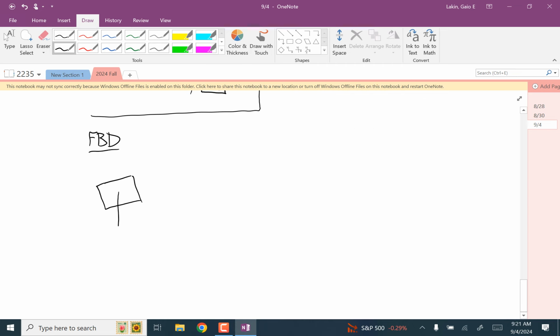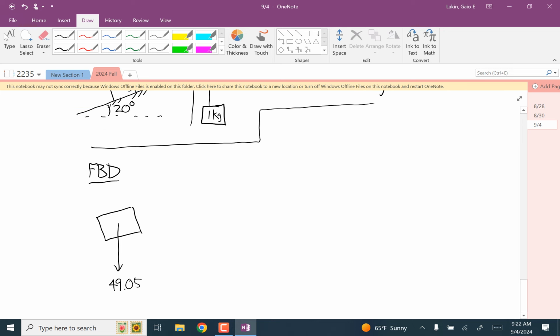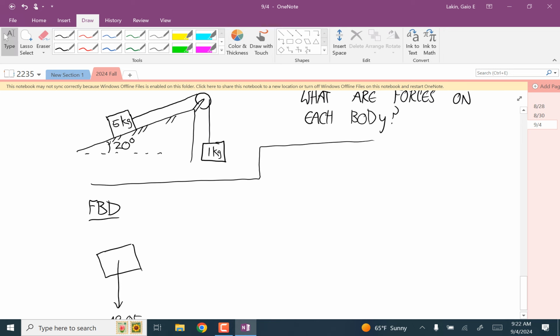So we have a weight force down of 49.05. For this to be in static equilibrium, this has to be a friction contact. If there wasn't friction there, this thing would accelerate.